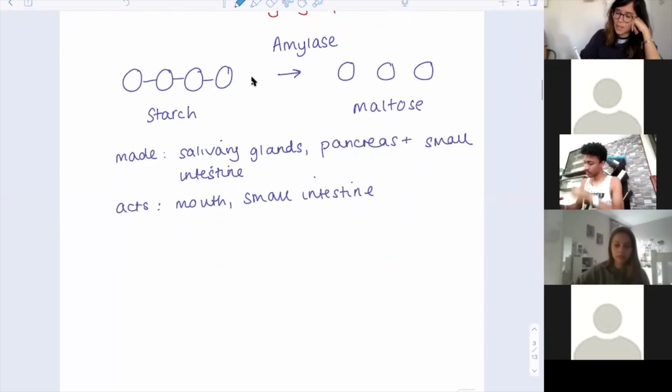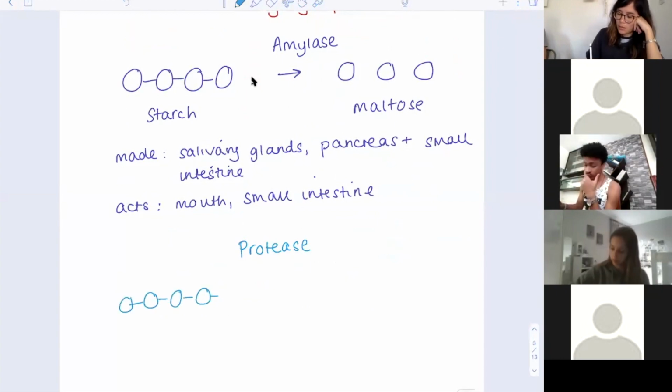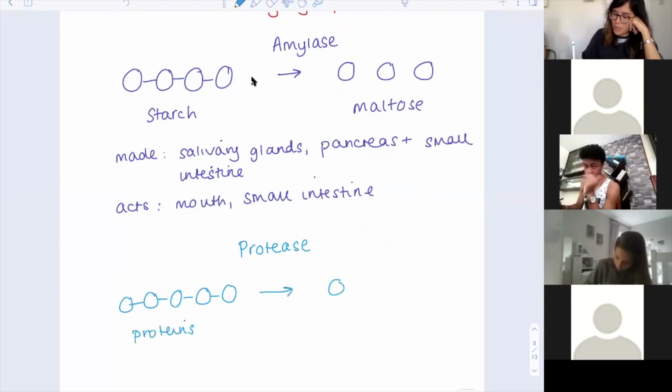Now, a second type of digestive enzyme is protease. This is nice and straightforward in that the name is similar to what it acts upon. So this time our protease is going to act on a different nutrient. It's going to act on proteins, and it's going to help break those proteins down into small subunits known as amino acids.